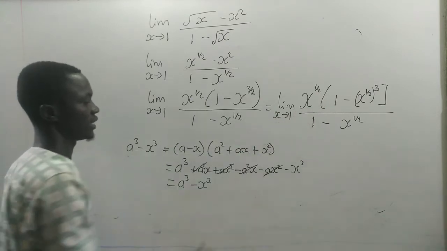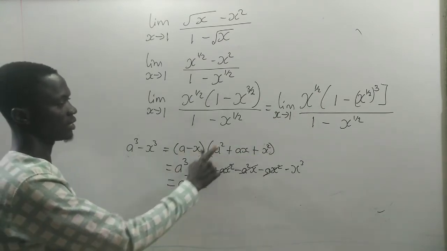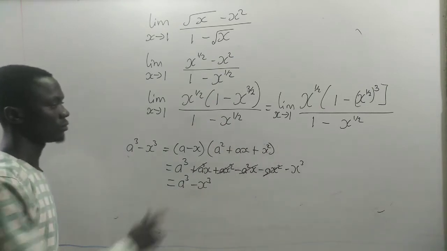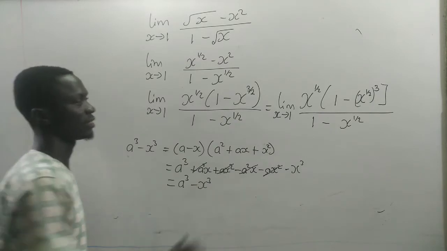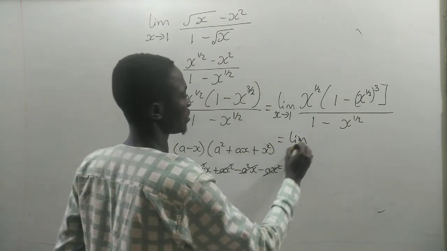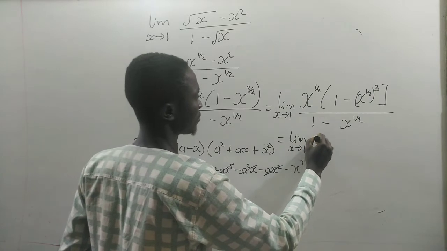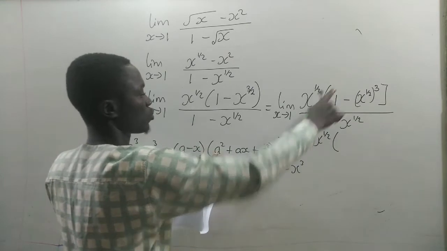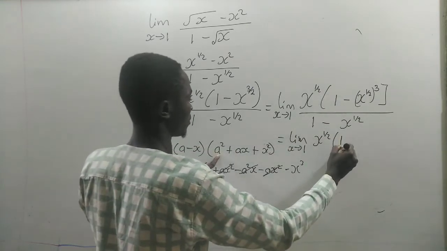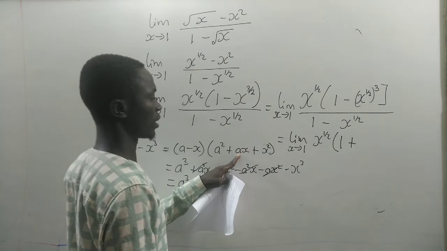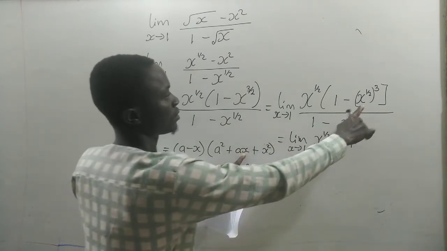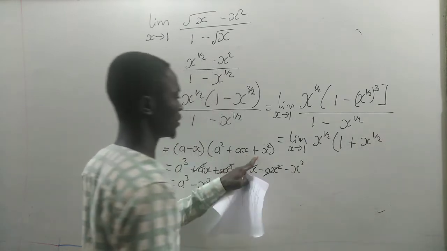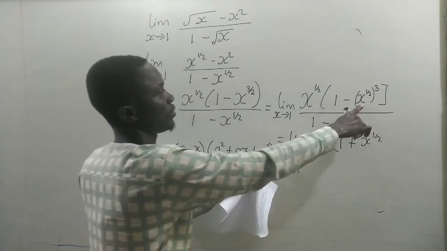So you are going to use that idea here. You have a minus x, a squared plus a times x plus x to the power 2. So let's use this one to expand what I have there. So this is the same as the limit as x approaches 1, x to the power half into bracket. Here a is 1, so 1 squared is 1, plus a is 1 and x to the power half, so x to the power half plus x squared, and here we have x to the power half squared.